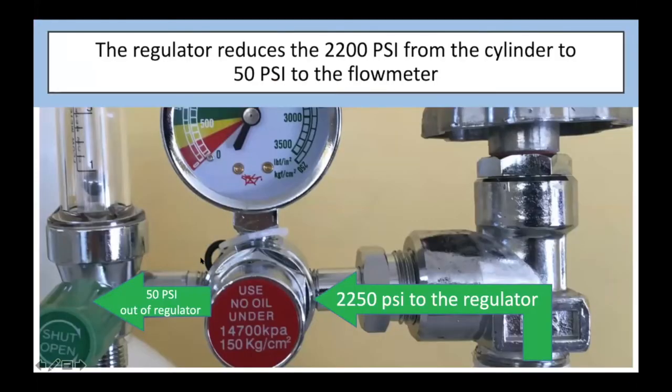The important function of the regulator is to make sure that the patient has the proper flow, but 2,200 PSI of pressure from the cylinder is much too much to be delivered to the patient. So the purpose of the regulator is to reduce that pressure to a reasonable working pressure.